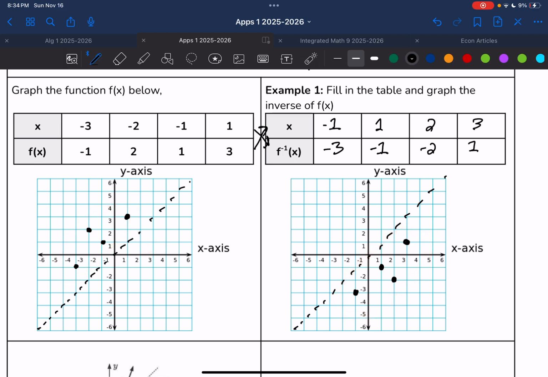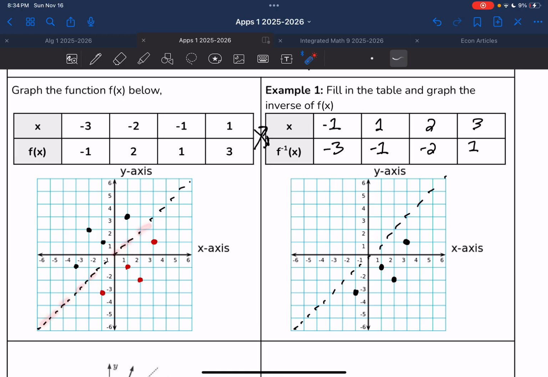Let me actually graph the inverse ones in red right on here to show you this. So we have 1, -1, -3, 1, -1, 2, -2, and then 3, 1 right there. So you can see that each of these is directly mirrored over this line here.